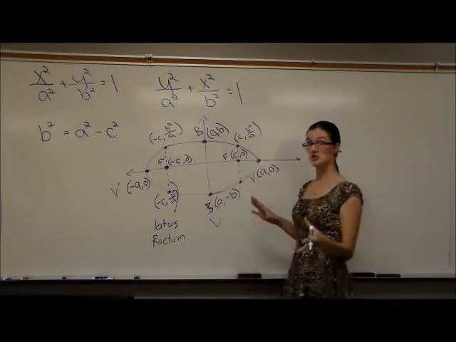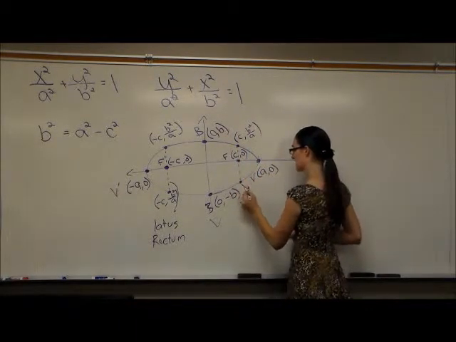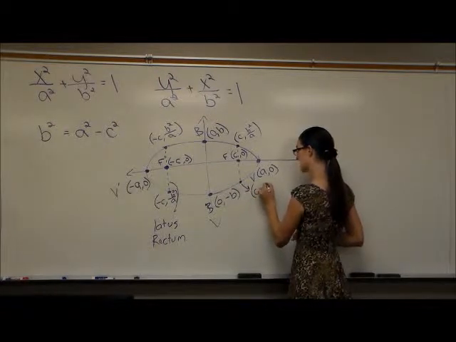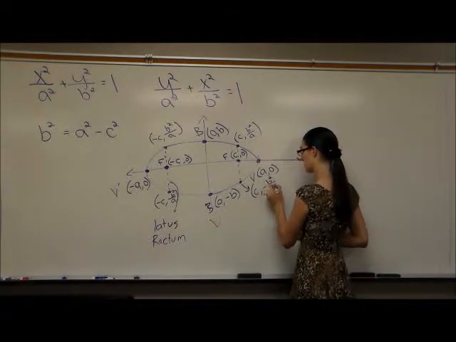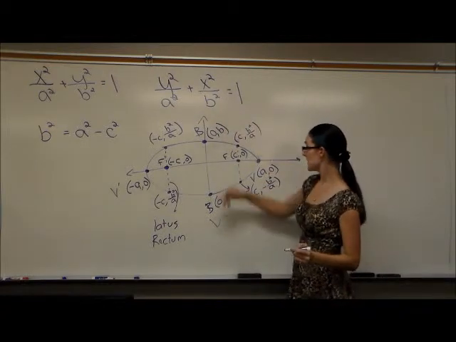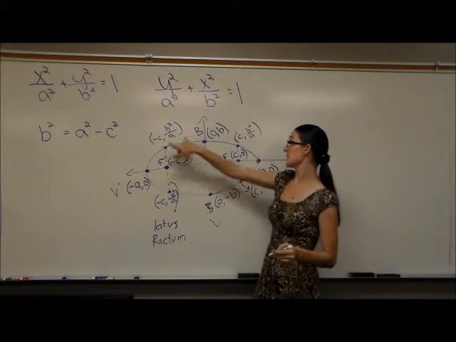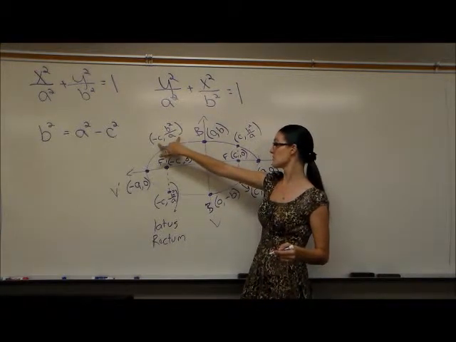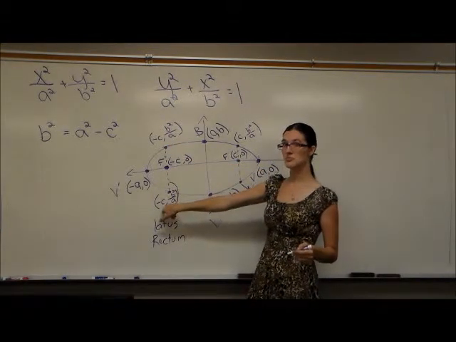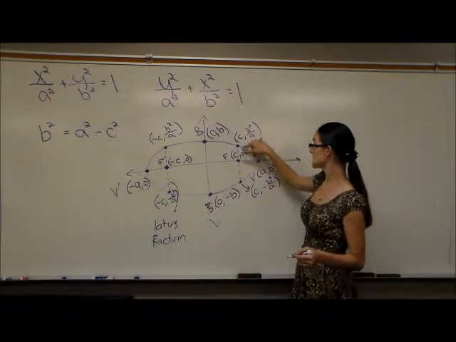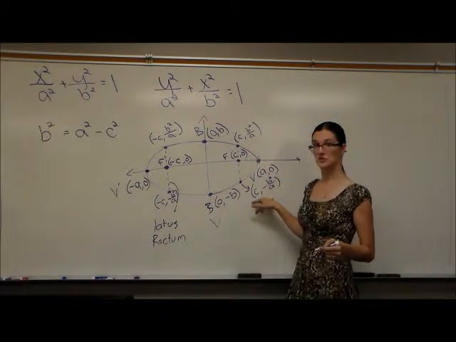There's a lot of symmetry going on here. This point is positive c, negative b squared over a. So if you look top to bottom, the only difference is the signs. 0, b; 0, negative b. Negative c, b squared over a. Negative c, negative b squared over a. c, b squared over a. c, negative b squared over a.